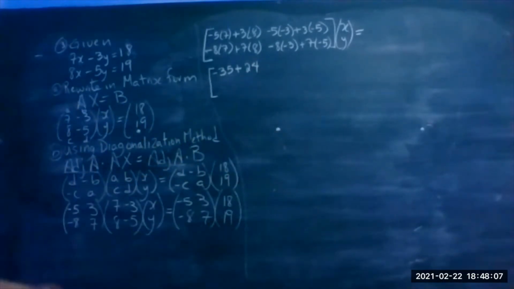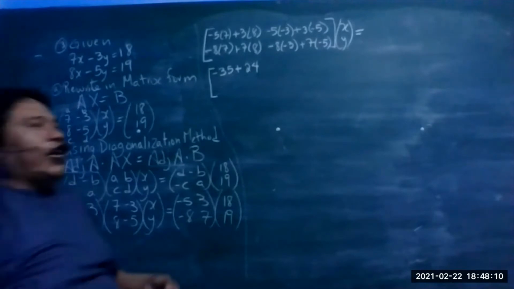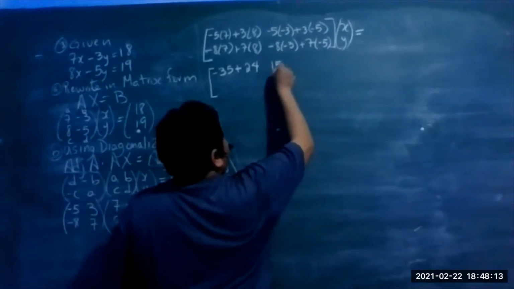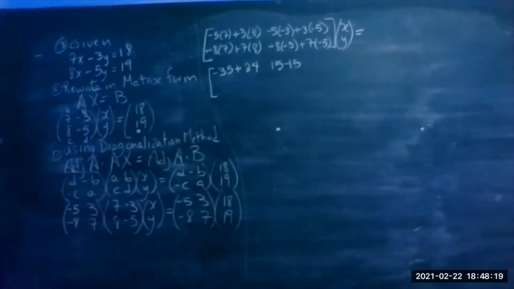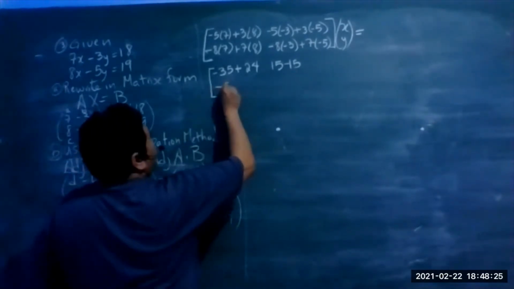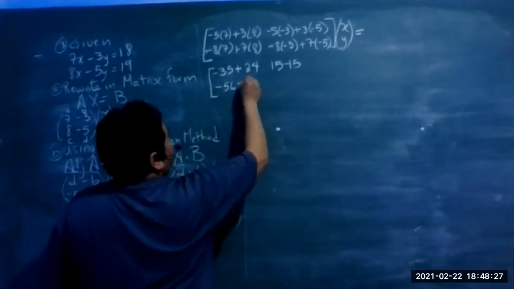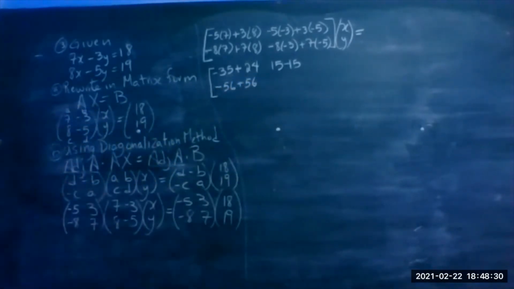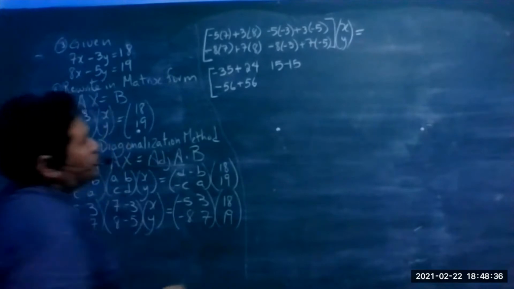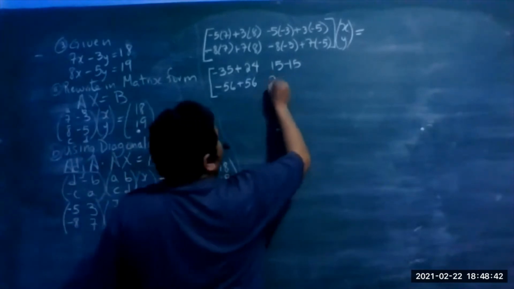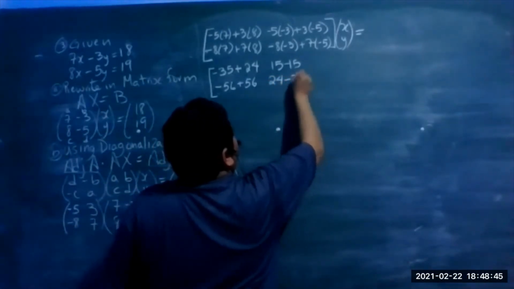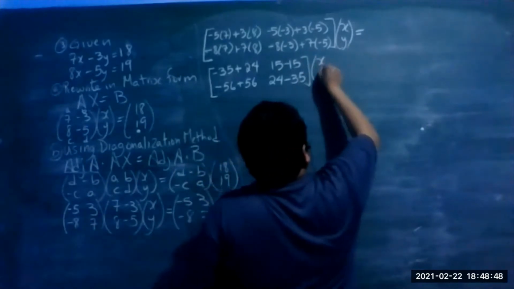Then the next one, negative times a negative is a positive. 5 times 3 is positive 15 in this case, and that's going to be its opposite, -15. -8 times 7, that's -56, I believe. 7 times 8 is just positive 56. And then negative times a negative is a positive, 24, and then negative 35, times xy.